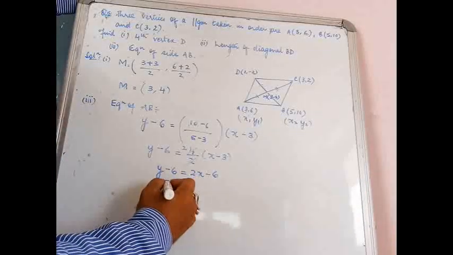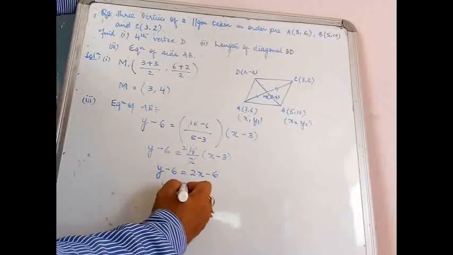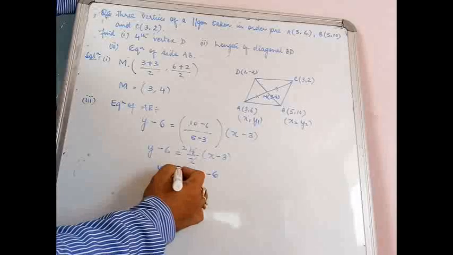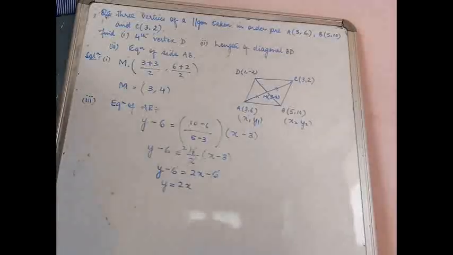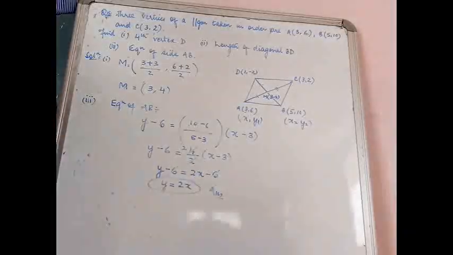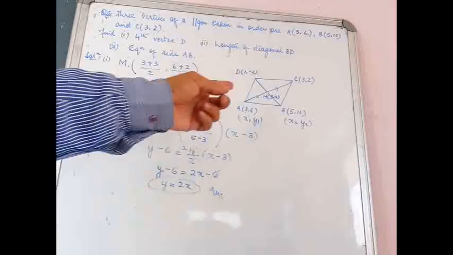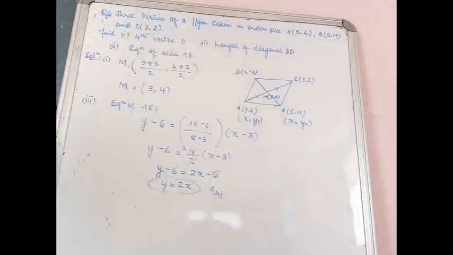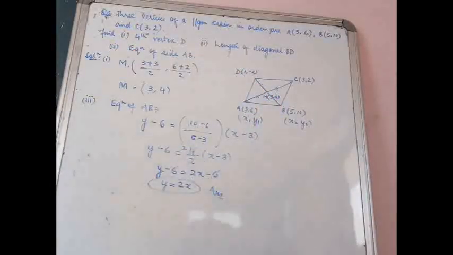So finally you have y is equal to 2x, as minus 6 and minus 6 get cancelled. So y is equal to 2x is the final equation of the line AB, or the side AB, you can say that.